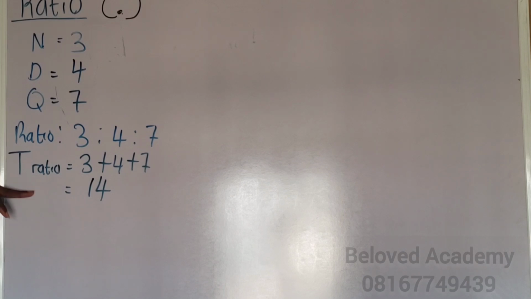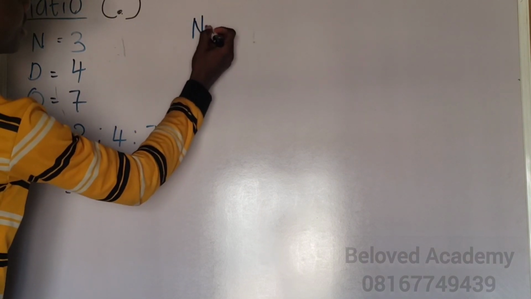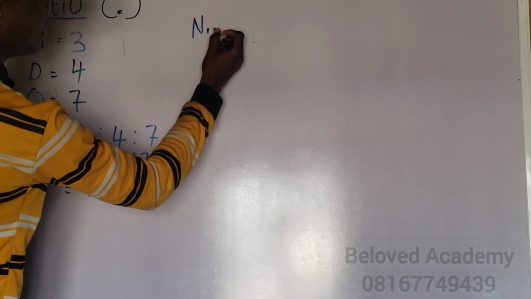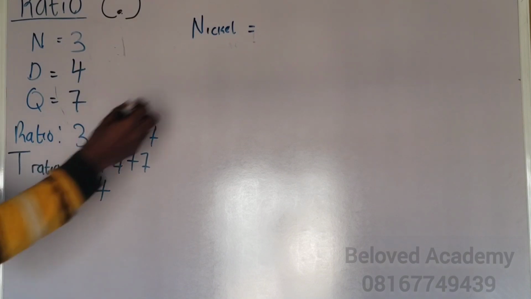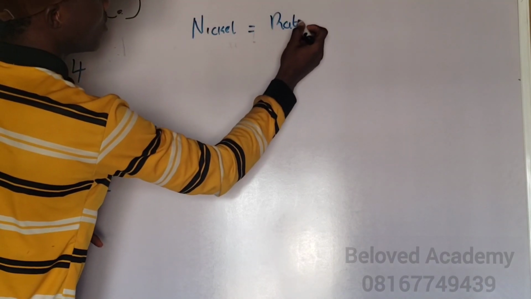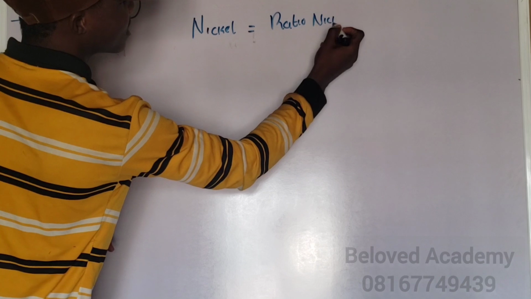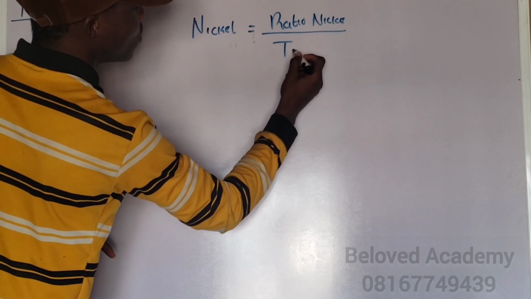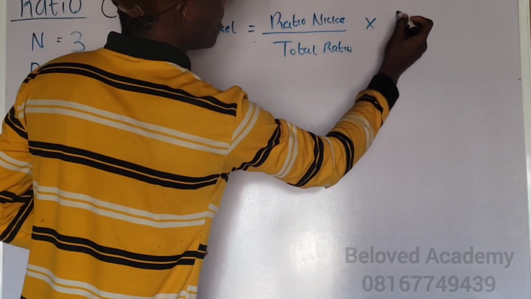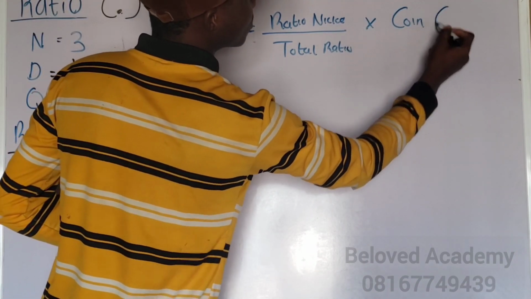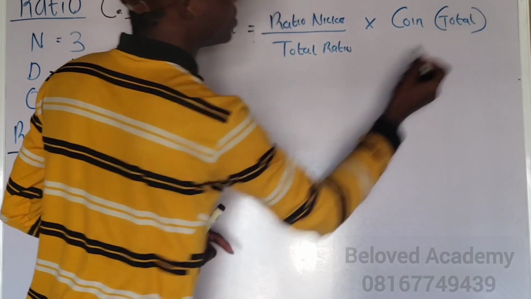So to determine the number of nickels present in the jar, nickel is equal to the ratio of nickel, are you paying attention, all over the total ratio, multiplied by the total coin. Do you understand?